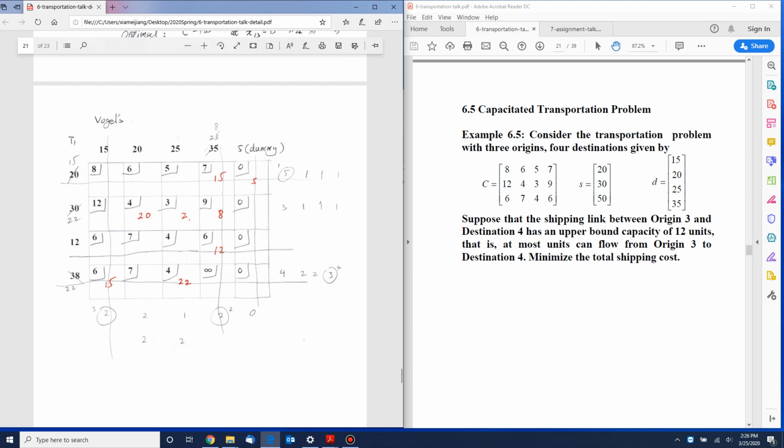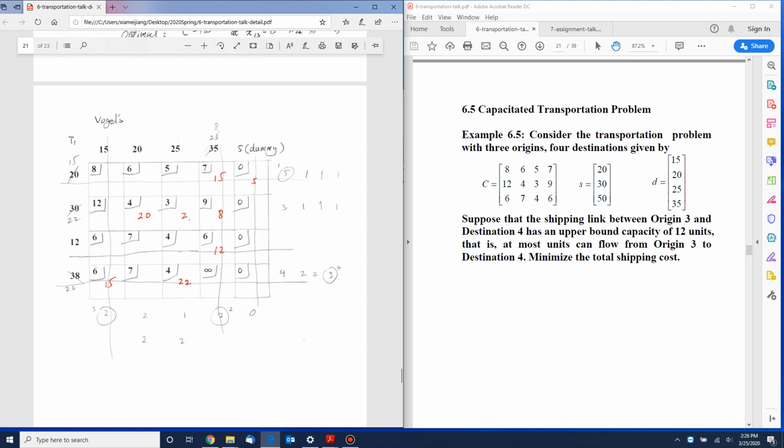This one we put the price as infinity. That means if we want to minimize the total shipping cost, we definitely don't want to put any units there because it is infinity. Whenever it is not zero, then the cost is unbounded, right?